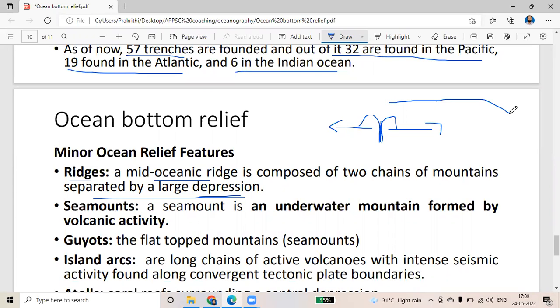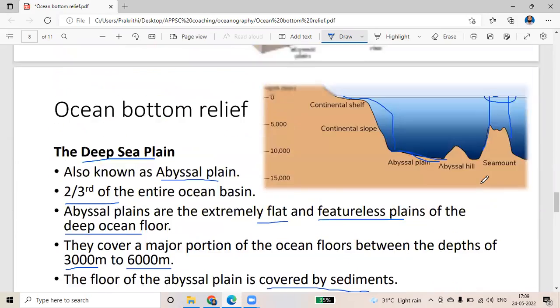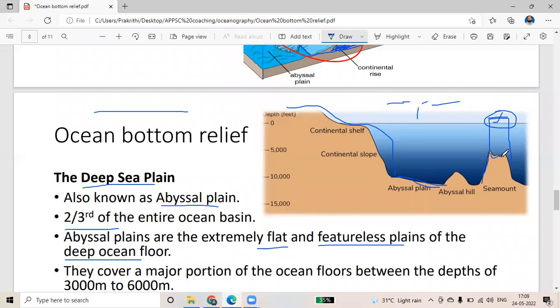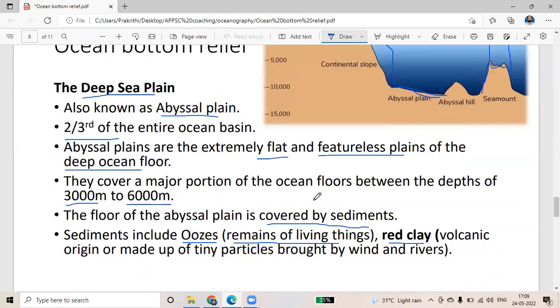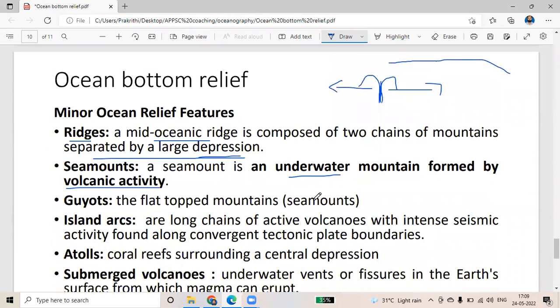Then the sea mounts. A sea mount is an underwater mountain formed by volcanic activities. I have shown you here, this is a sea mount actually. Just as we have mountain systems above, there is the same mountain system below.